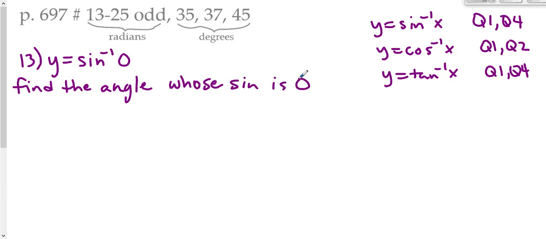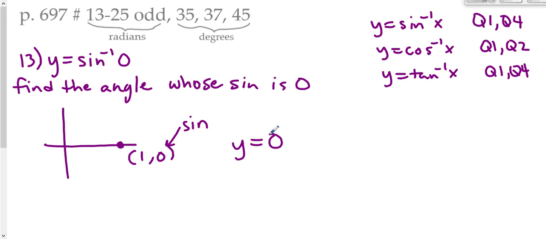And that angle falls between negative 90 degrees and 90 degrees. So picture the unit circle. We have the point (1, 0). So the sine of that point is 0. The cosine is 1. And so that would be 0 radians or 0 degrees, 0 either way. So y equals 0.